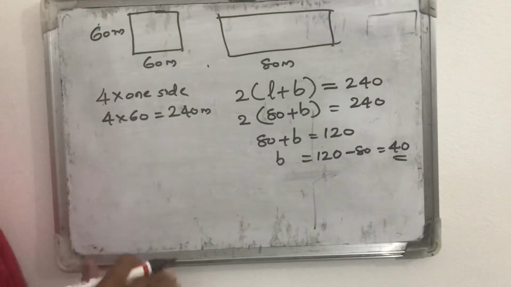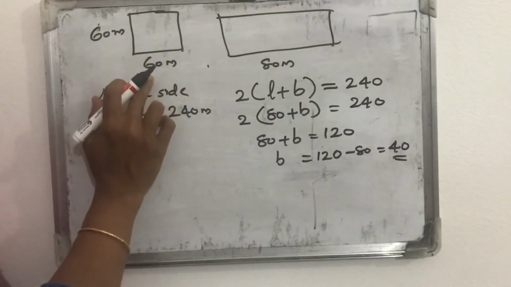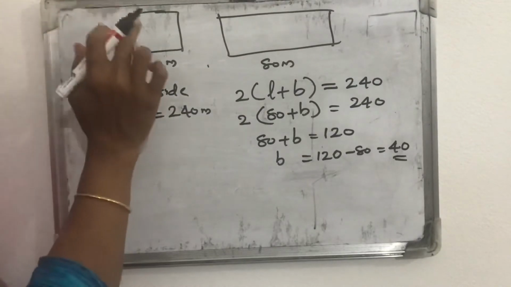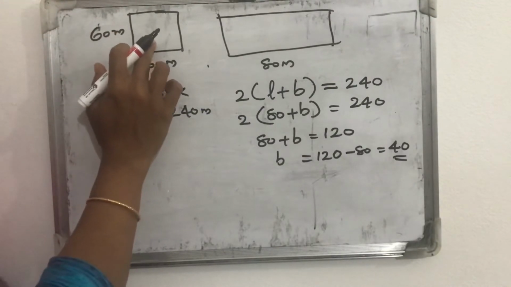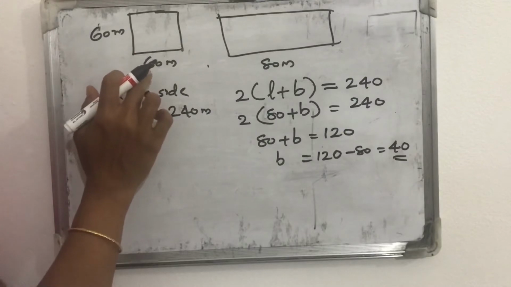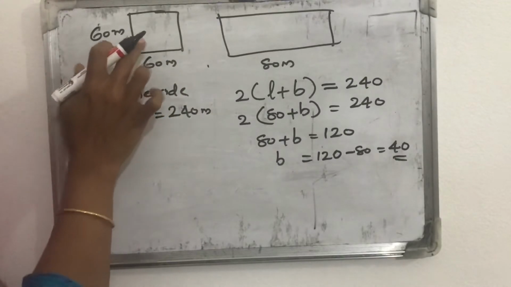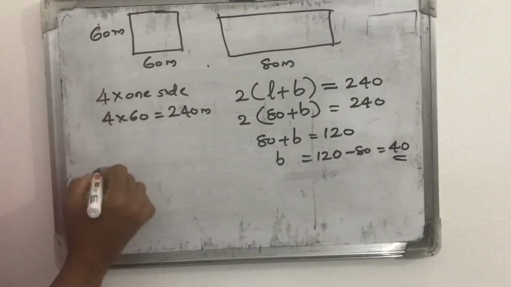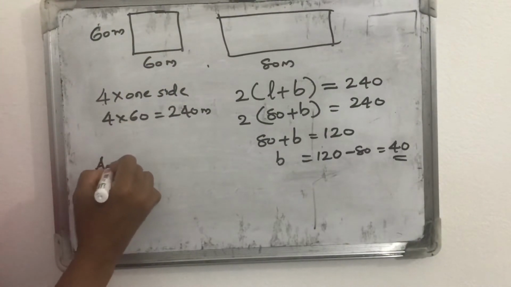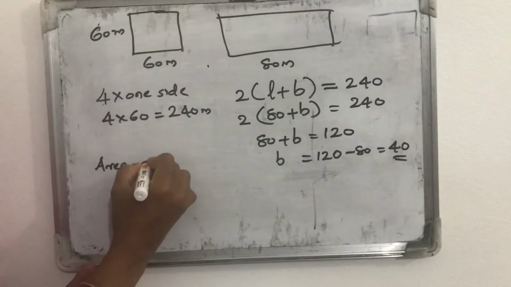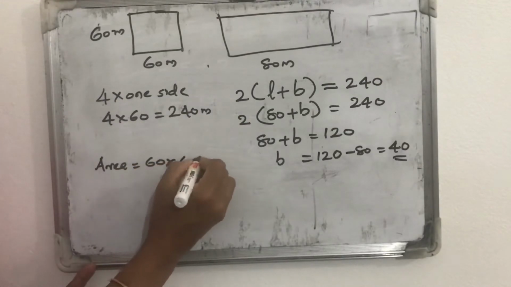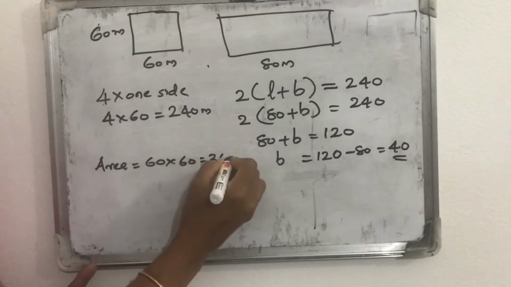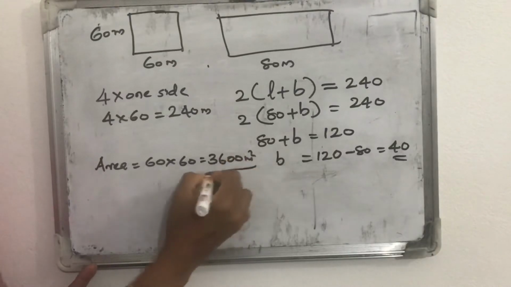Now it is easy to find out the area of both shapes. If one side is 60 meter, what will be the area of this square? The area of a square is side into side, that is 60 into 60, which is 3600 meter square.